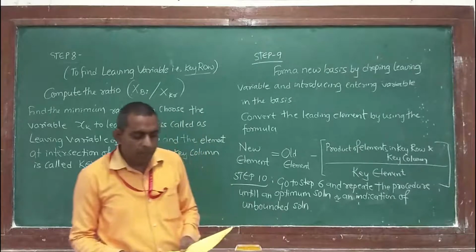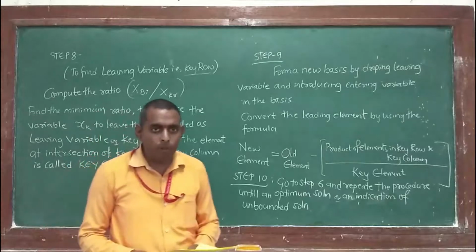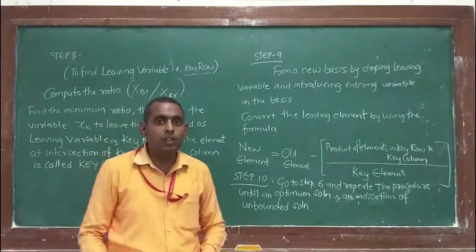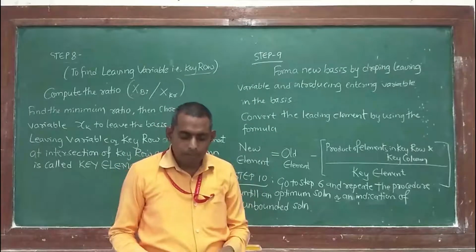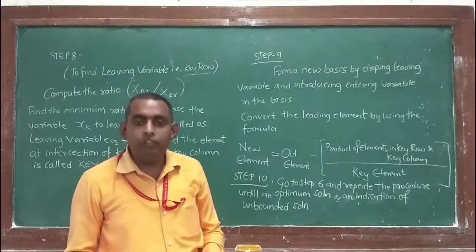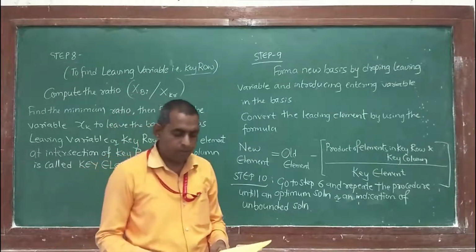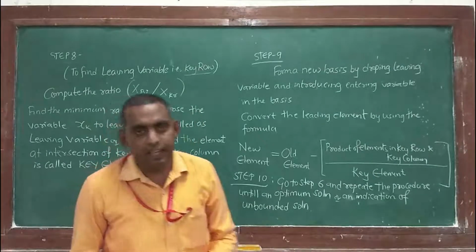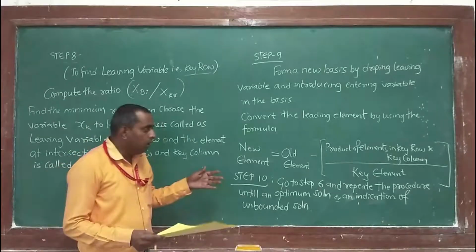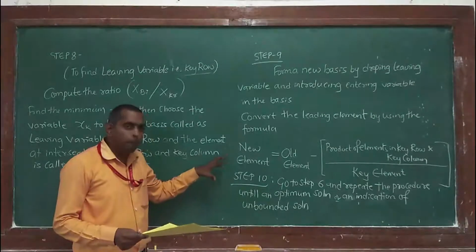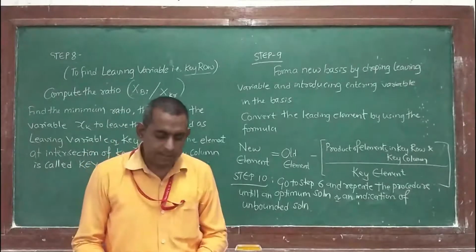Then in step number 3, we express the given objective function in standard form by introducing slack and surplus variables. Fine. Then we add artificial variables to the constraints to get the identity matrix. So in step number 5, the given problem is formulated in a simplex table.